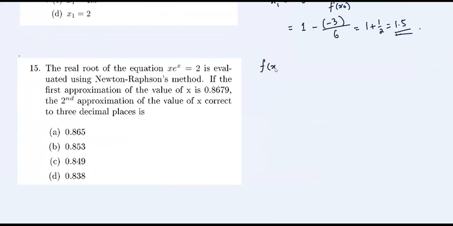So f of x is equal to x e power x minus 2. So f dash x will be e power x plus x e power x.